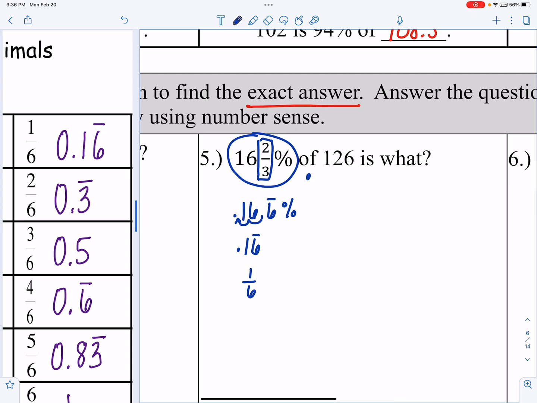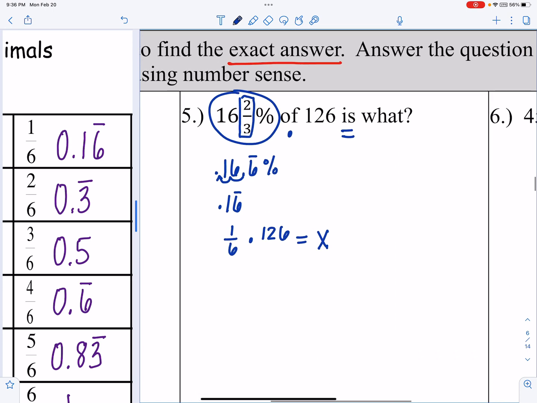So we have 1/6 of 126 is what? And what is our variable? Now we know just by multiplying straight across that this would be 126 divided by 6.